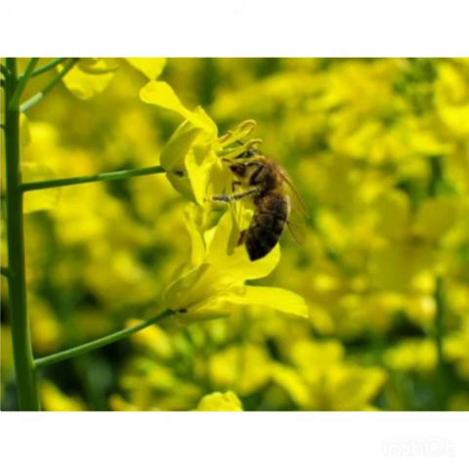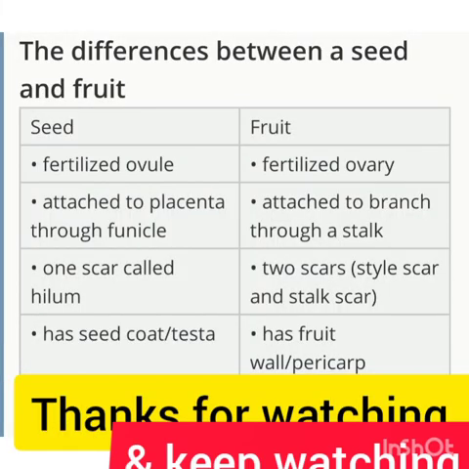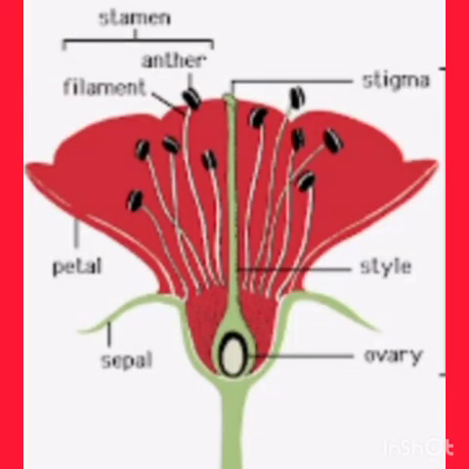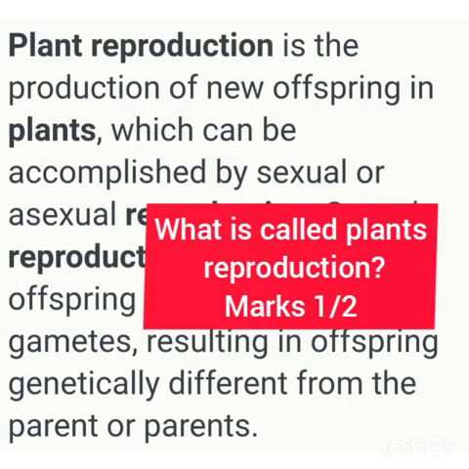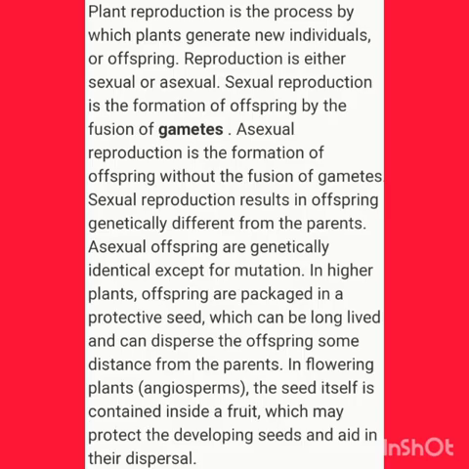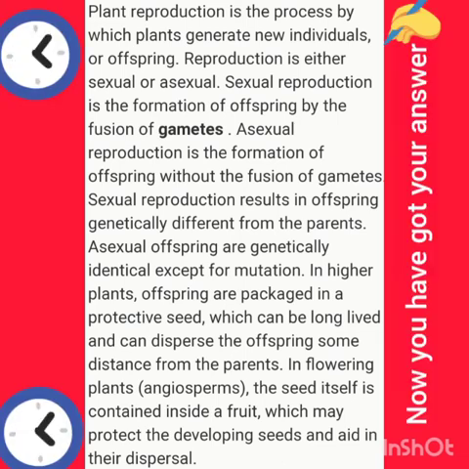I am unable to read out all questions one by one, so you just pause the video, and according to the question answers you just copy down and practice each and every time, so that you can write down in your exam properly. Here you are getting about the reproduction of plants. I have given this one, so you just read it properly.